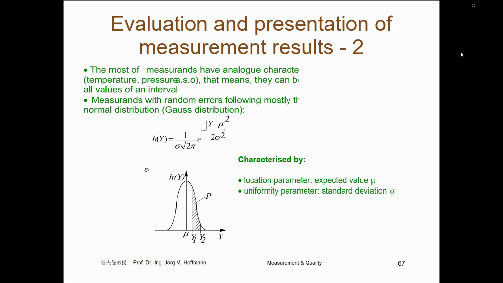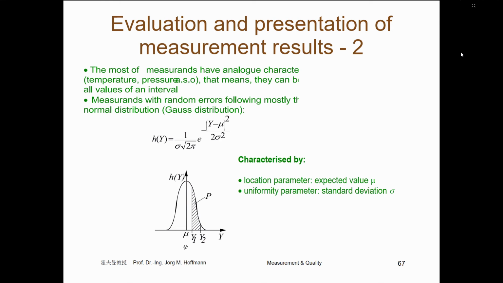We look first at the normal distribution, because the normal distribution is the most common distribution we have when we have a measurement target.